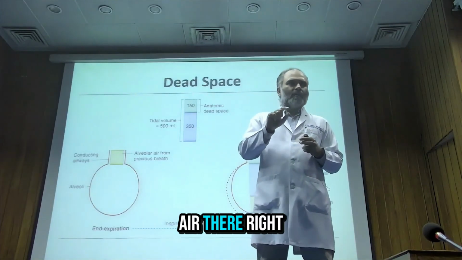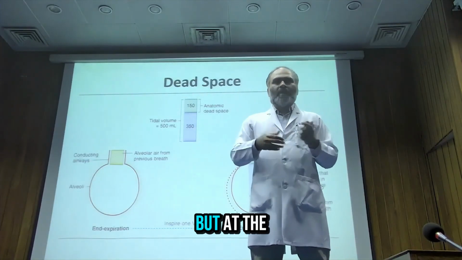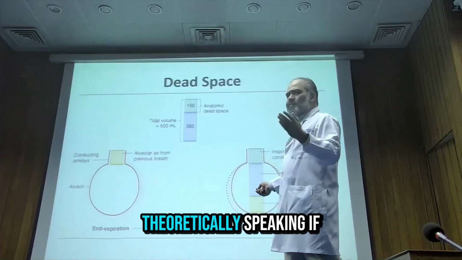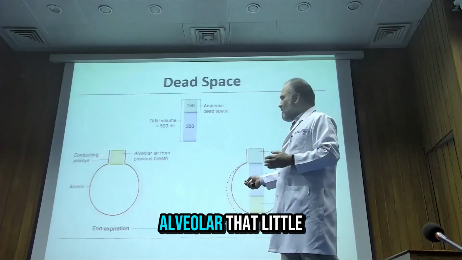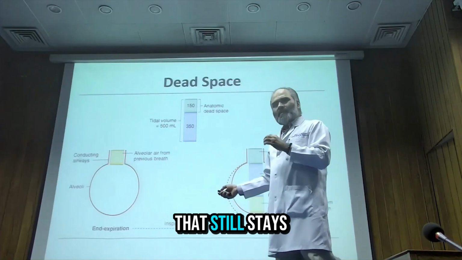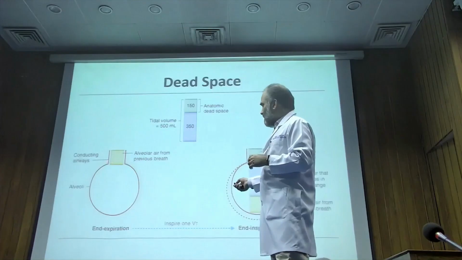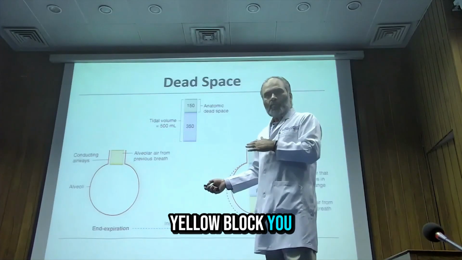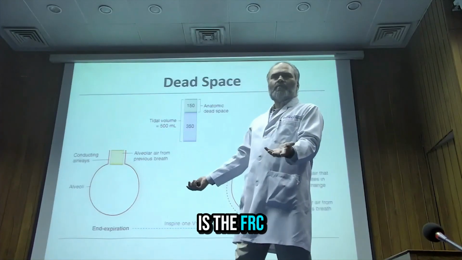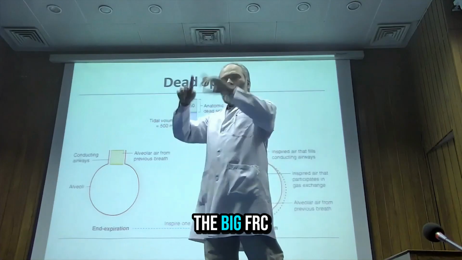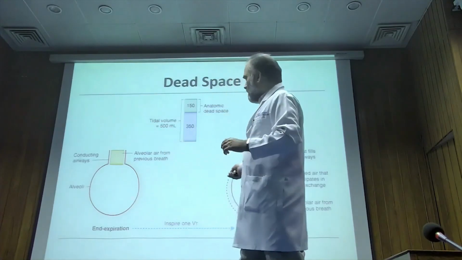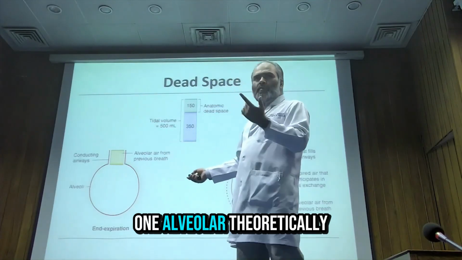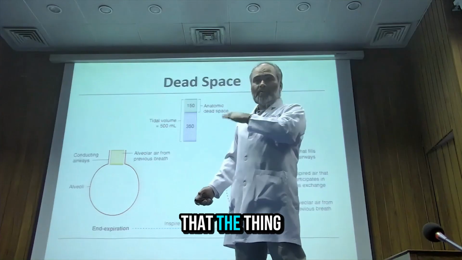There is still air there, right, of the FRC. But at the level of alveoli, theoretically speaking, if this was that alveolus, that little chunk of air that still stays there is this block, this yellow block. You understand this? This is the part of the big FRC that is occupying this one alveolus, theoretically speaking. Okay, so that the thing doesn't collapse.